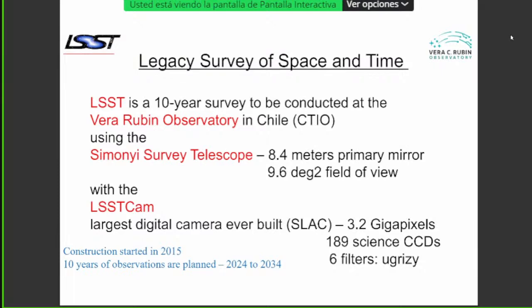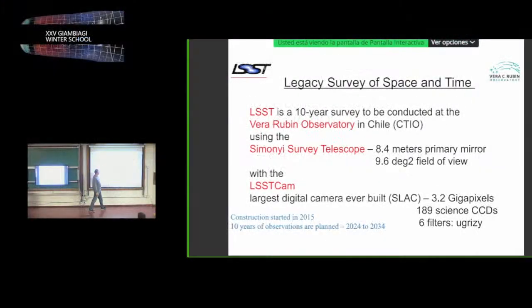That's also in Chile. The same Cerro Tololo International Observatory is in the next mountain. There are 2 big mountains, one where the Dark Energy Survey is, the other where LSST is. It's a brand new telescope, called the Simonyi Survey Telescope because this guy Simonyi donated money. It's an 8.4 meter primary mirror with almost 10 square degrees field of view.